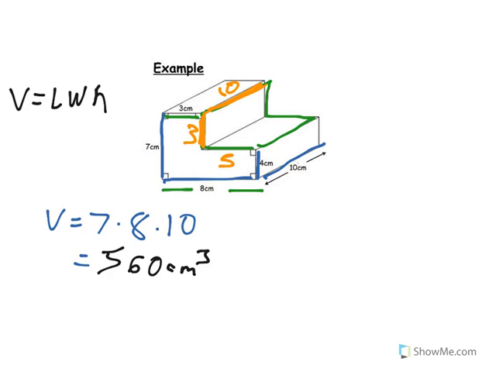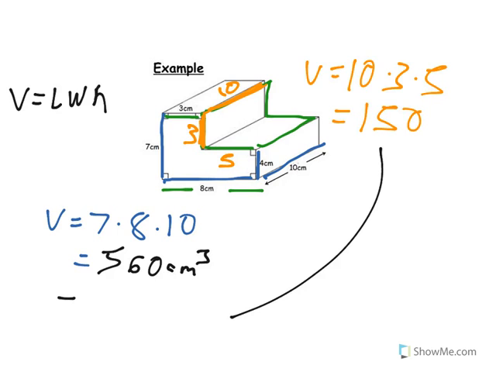So the volume of this area that has been removed would be 10 times 3 times 5, which is 150. Now all we need to do is take the 150 and subtract that from 560, and we have our answer. All right, we have 410 cubic centimeters. That's the volume of this shape.